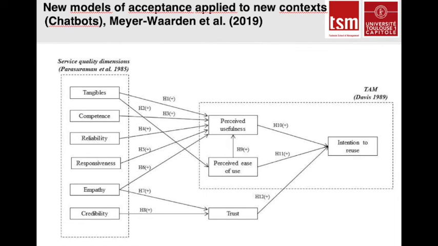So the higher the trust, the more the customer or user has trust into the chatbot, the more he or she will reuse the chatbot. And the higher the perceived usefulness and the higher the perceived ease of use, the higher will be also the intention to reuse the chatbot. This model was tested with a chatbot of the traveling sector, a flybot, which searches information for flights users want to book.